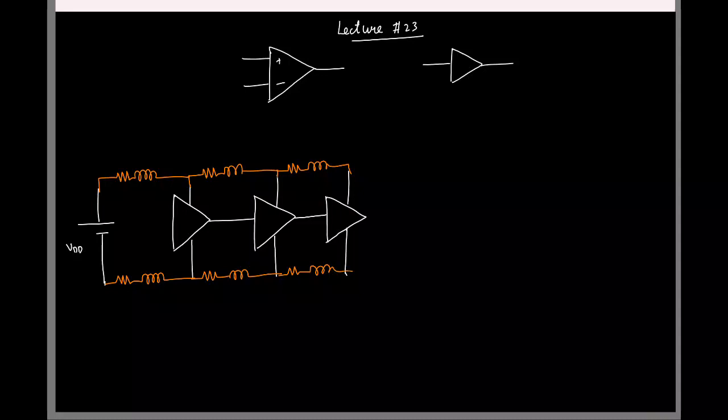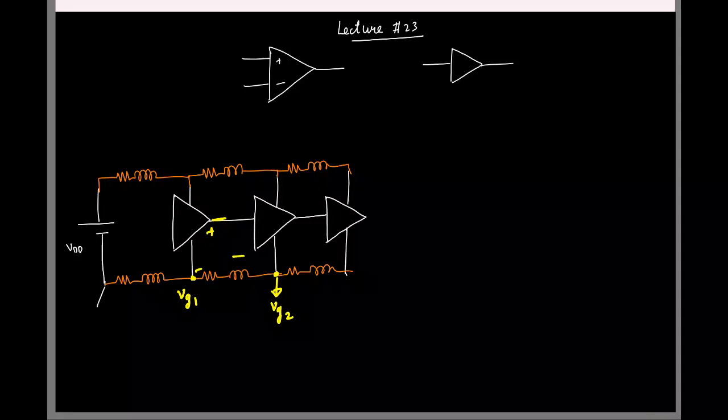So now you see that the first stage, let us say it's providing an output, and the output is available with respect to this ground. Say that some VG1, right? Now it is obvious that the ground that is available for the second stage is not the same as the ground that the first stage was using, right?